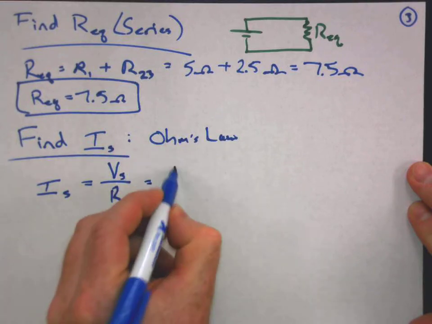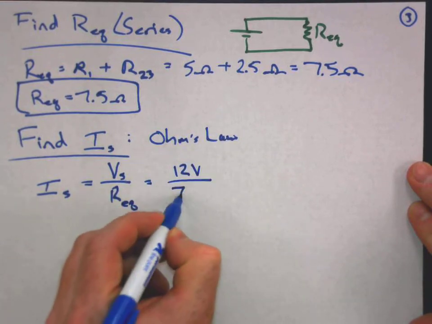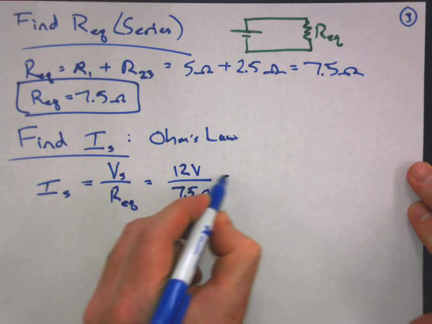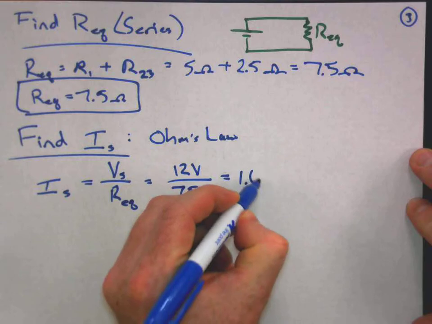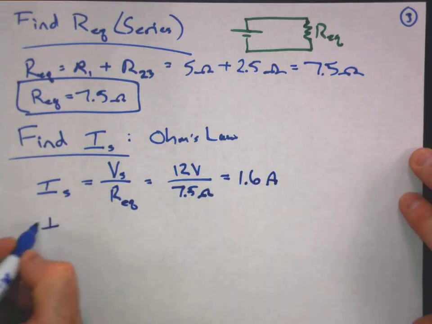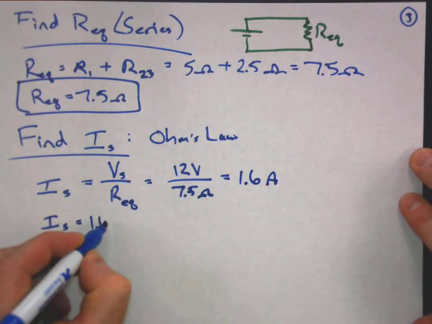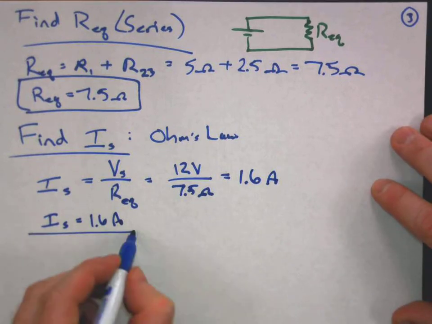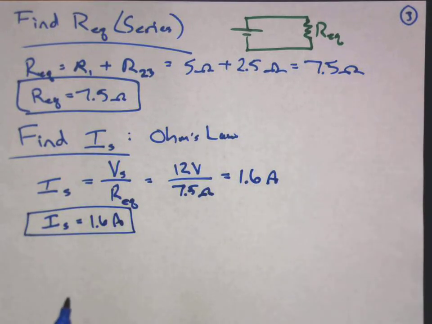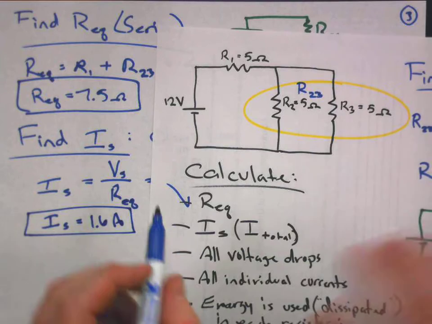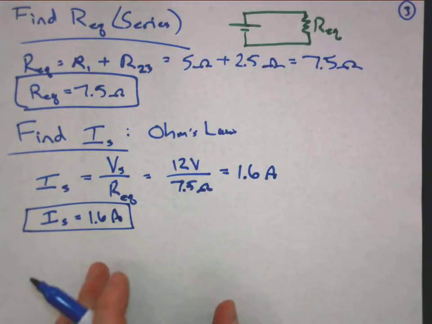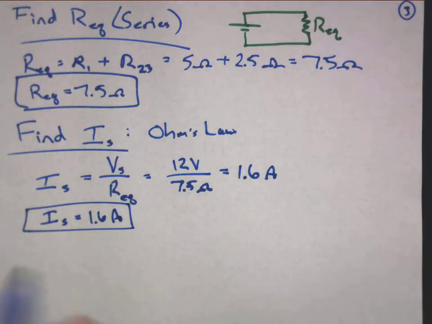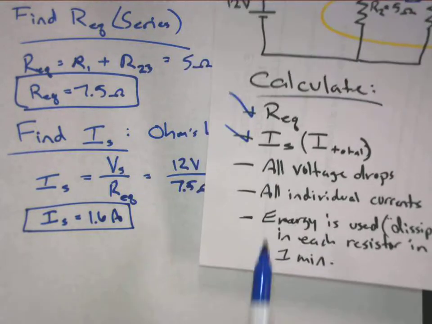The voltage of the source was 12 volts. The equivalent resistance was 7.5 ohms. And 12 divided by 7.5 is 1.6 amps. Rewrite that real quick. That was easy, right? That's an answer I need. That is this guy. Check that off the list. Cool. It's really going to come together pretty quick for you once you get all these steps.